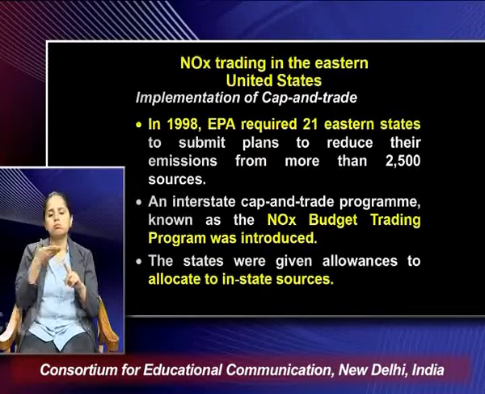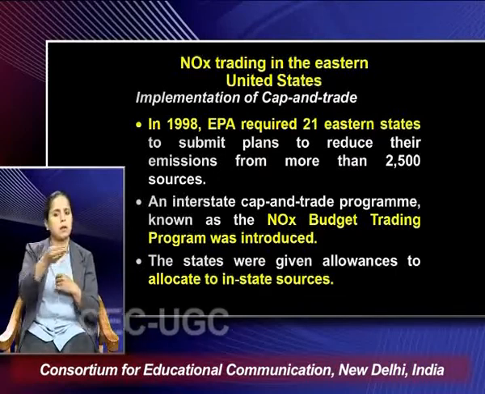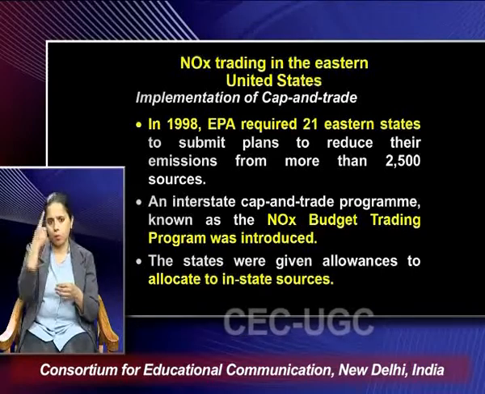The states were given allowances to allocate to in-state sources. So this was a very different type of policy implementation, where the states were empowered with the allowances, because the important part is that the focus is on the sources.